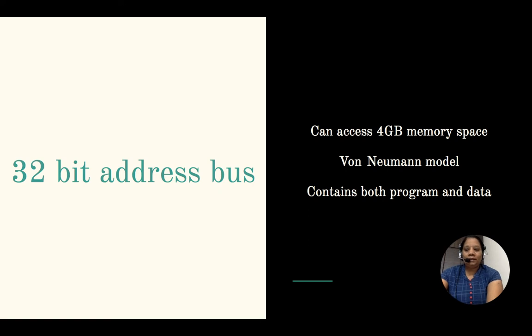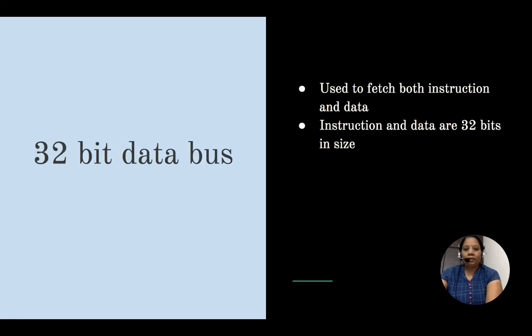And we know that the memory in ARM7 is based on the von Neumann model, so this memory space contains both program as well as data. ARM7 processor also has a 32-bit data bus. This bus is used to fetch both instructions as well as data, and both the instructions and data that are fetched are 32-bit in size.